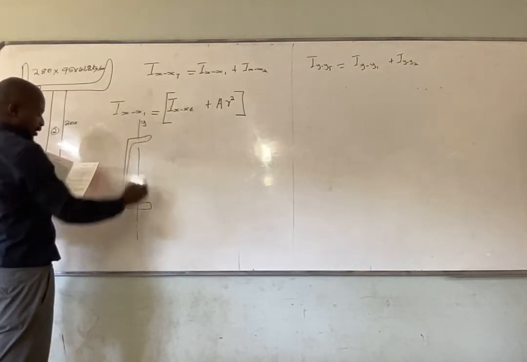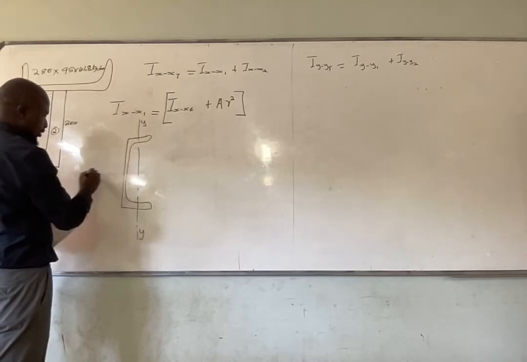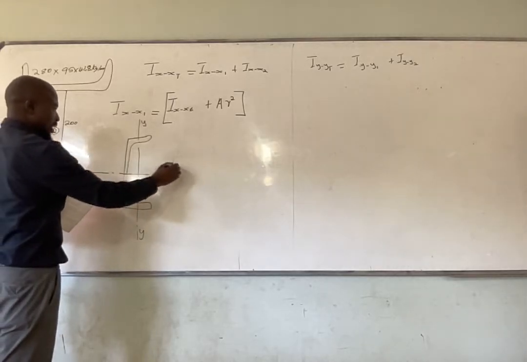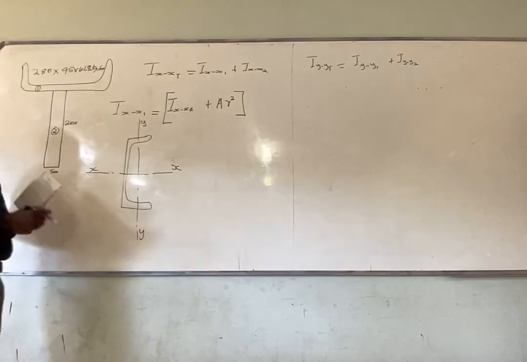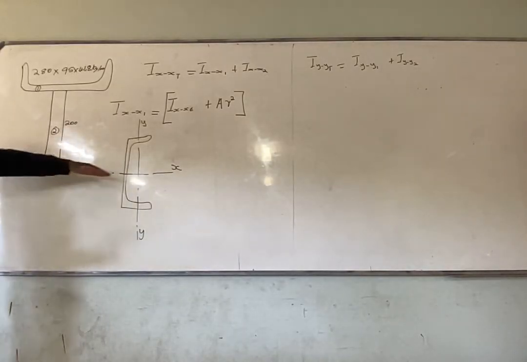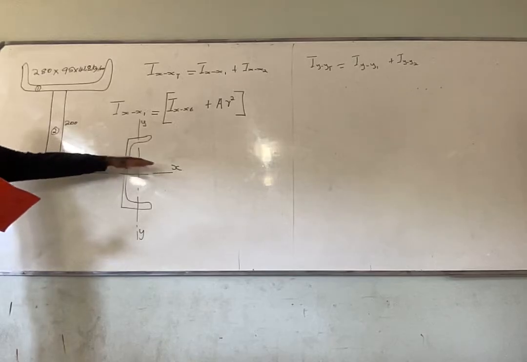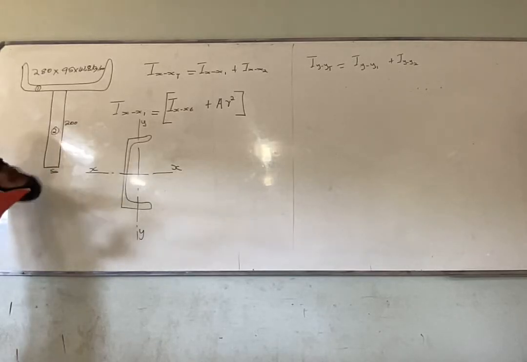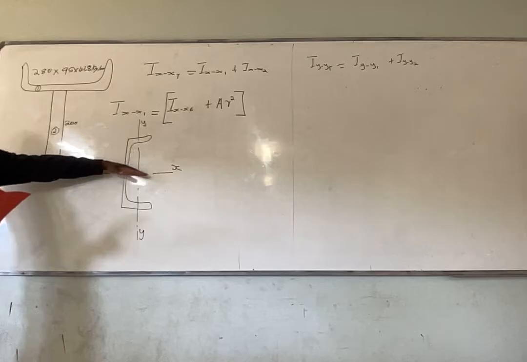This is Y. This one is XX. Can you see that one? So this will mean the IXX which you read from the book is like this one.